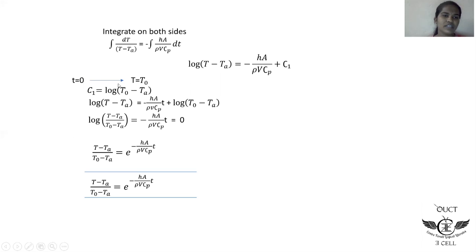So we get the constant C1 equal to log (T0 minus TA). Substituting the C1 value in the formula and taking it to the left side of the equation, when the log goes to the right side it changes into the exponential. This is the formula for unsteady state heat transfer.